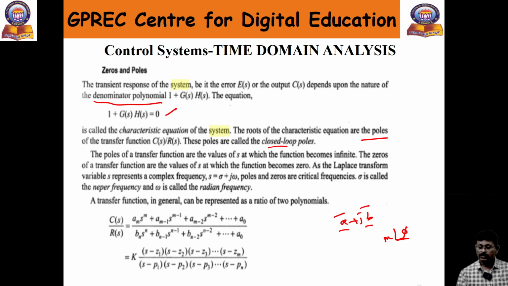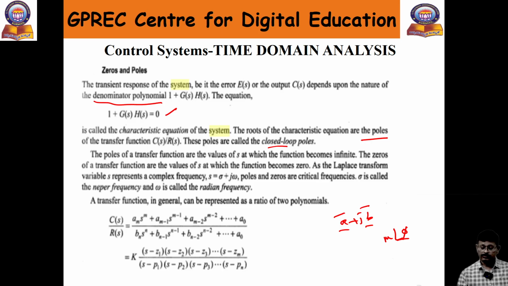So sigma is called the Neper frequency and omega is called the radian frequency. In general the transfer function is represented as a polynomial, C of s by R of s. The numerator is a_m s^m, a_(m-1) s^(m-1), like that up to a0. Similarly the denominator is b_n s^n, b_(n-1) s^(n-1), and so on.